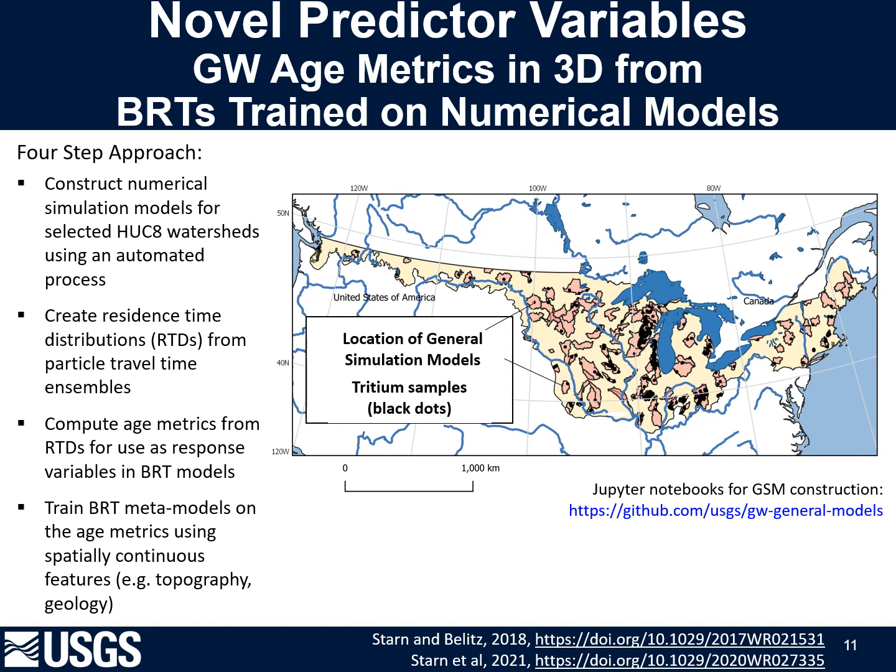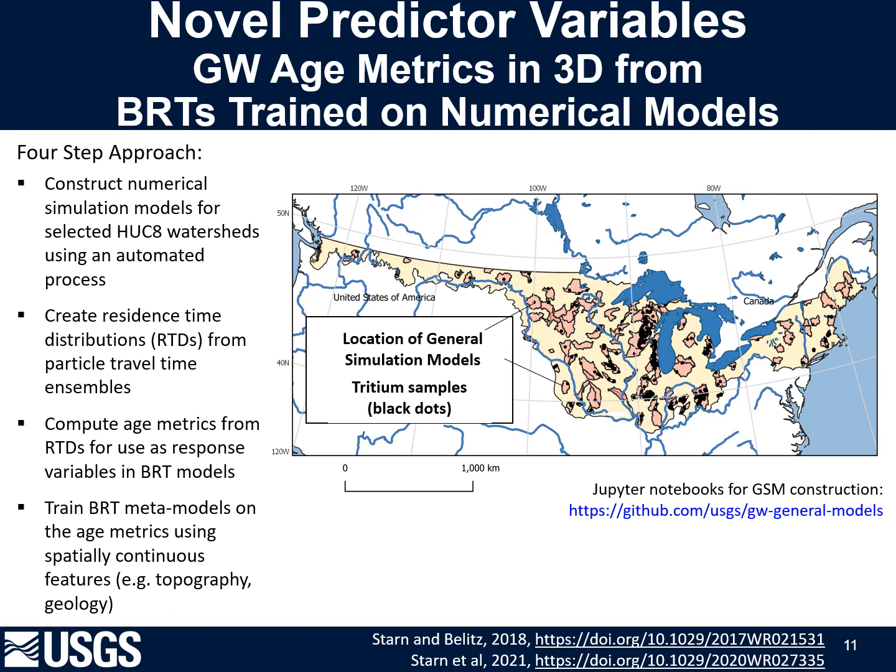Then particle tracking was done to create residence time distributions within those modeled areas, and age metrics were extracted from those distributions, and those age metrics, such as the fraction of young water, were then used as response variables. And I think there were 5 different metrics, and so there were 5 age-related models.